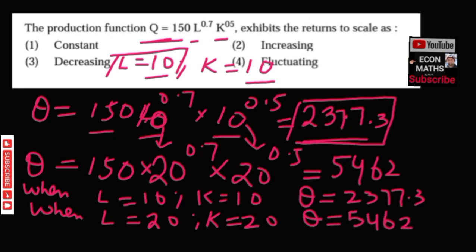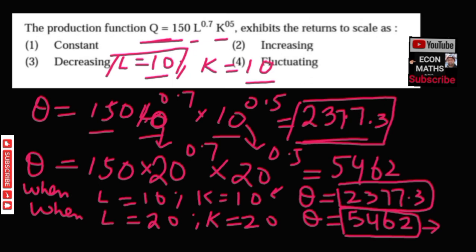Our production increased more than double. Initially our total output was 2377, and when the factors of input were doubled, our total output got more than doubled. We can see here 5462 is more than the double of 2377.